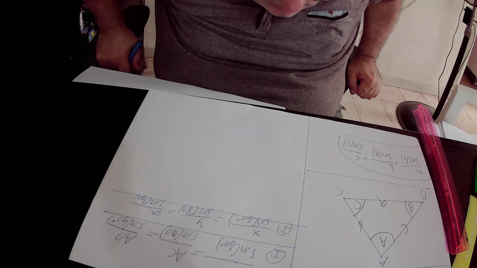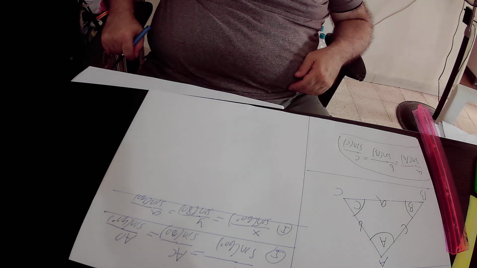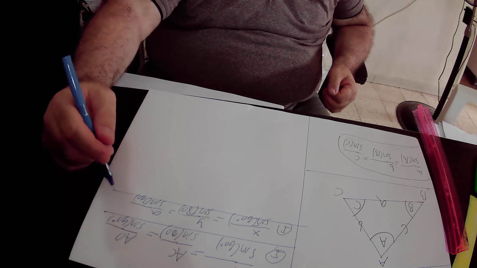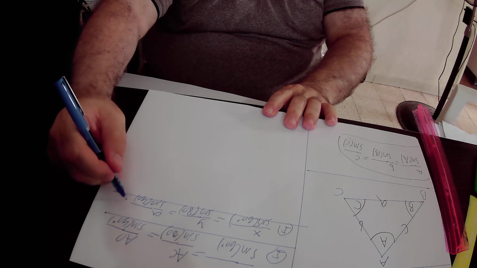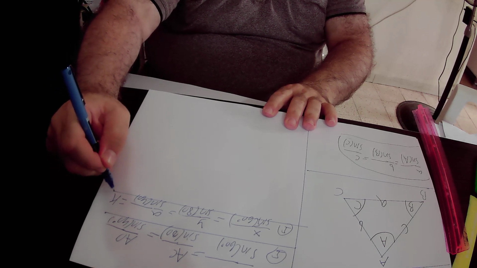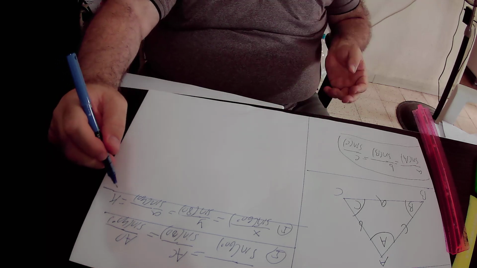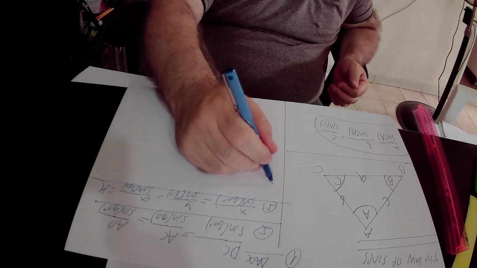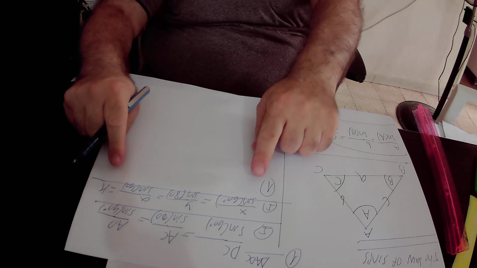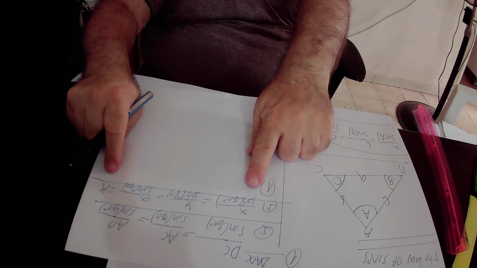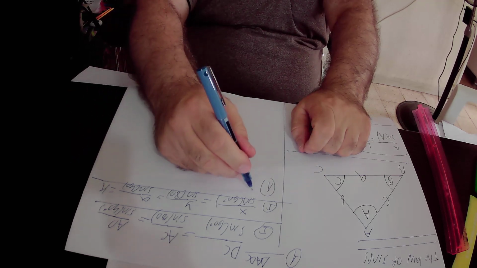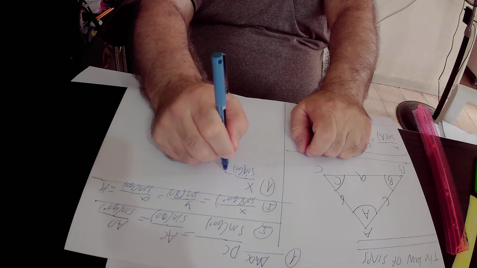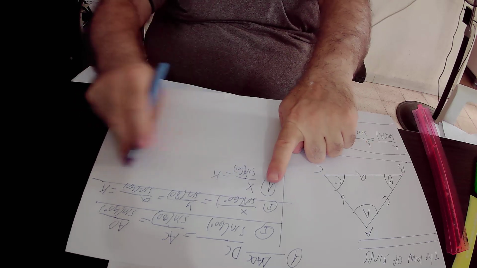Because they are all equal to each other, we will define the value of each of them as k. Therefore, they are all equal to k. Then x over sine 60 degrees is equal to k, according to this equation.